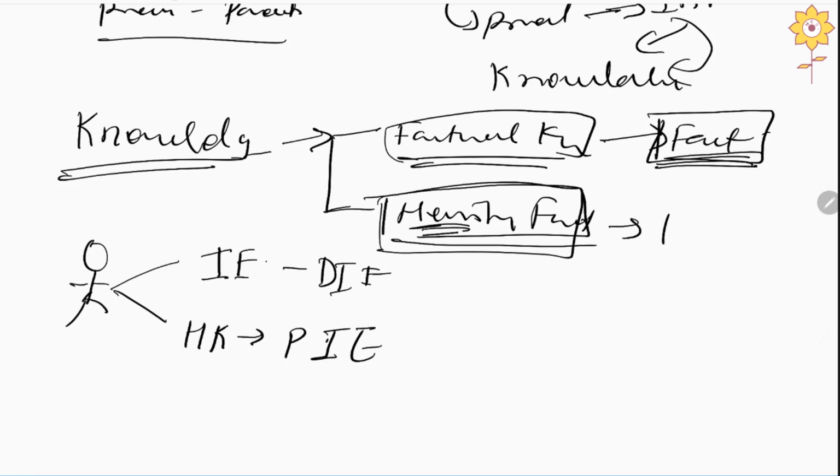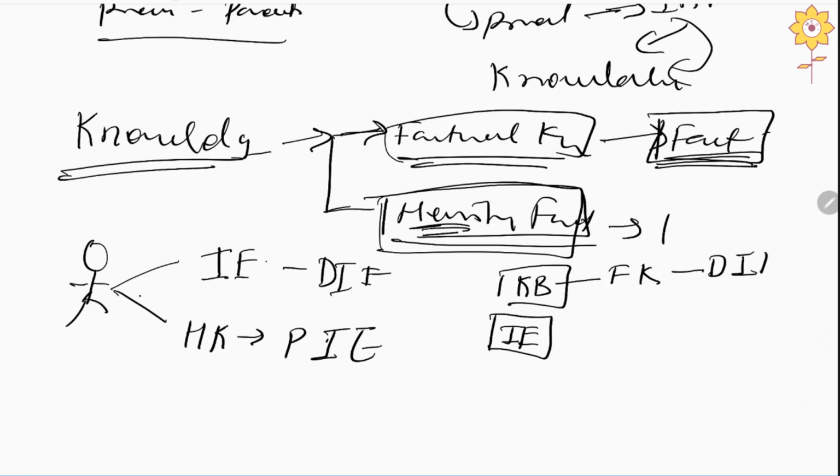So depending upon the knowledge stored in the knowledge base, the working of the inference engine will vary. If the knowledge base is storing factual knowledge, we will use a deterministic inference engine, and if it is storing heuristic knowledge, we will use a probabilistic inference engine.